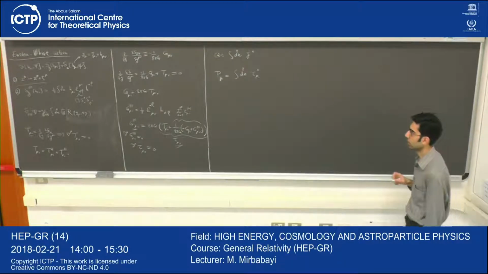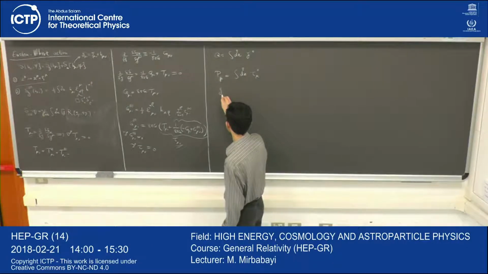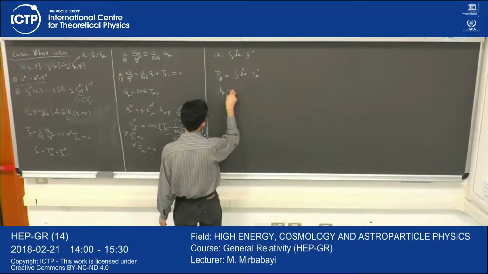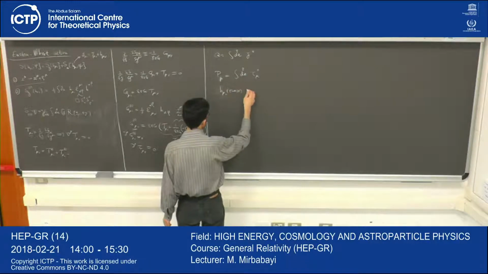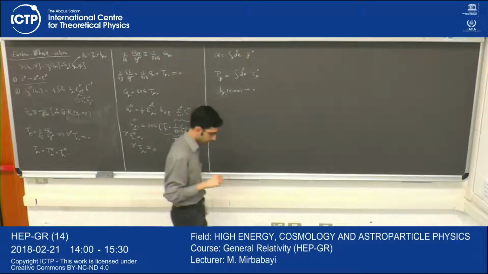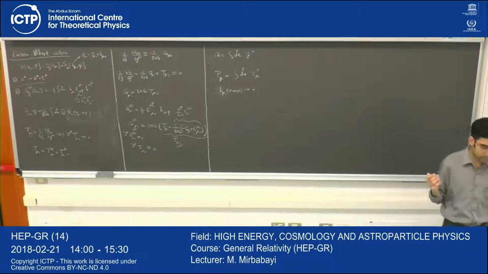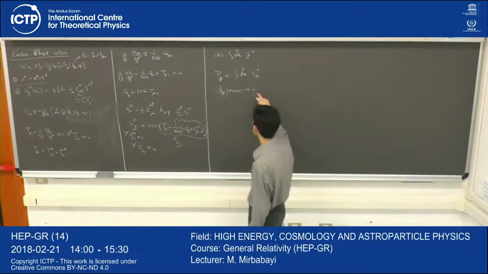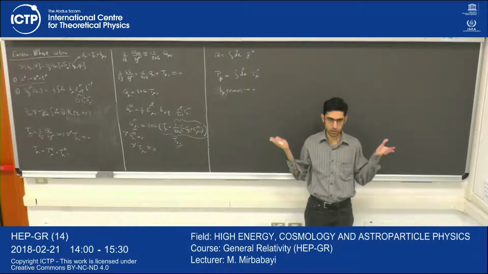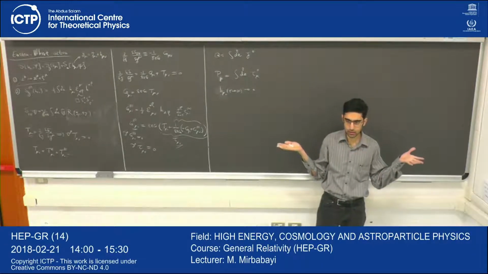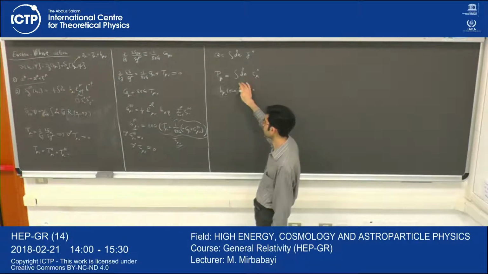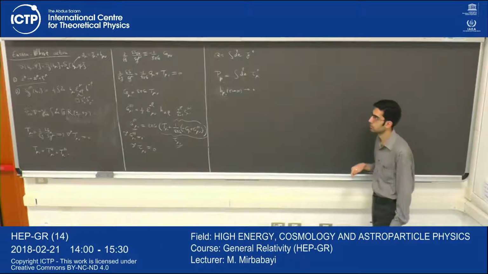And one can show that if h mu nu goes to 0 as R goes to infinity, and actually if it goes to 0 fast enough, then this P mu is a 4 vector with respect to the asymptotic frame that my space-time approaches, and it is conserved and independent of the choice of the slice that I choose. Similar to here.